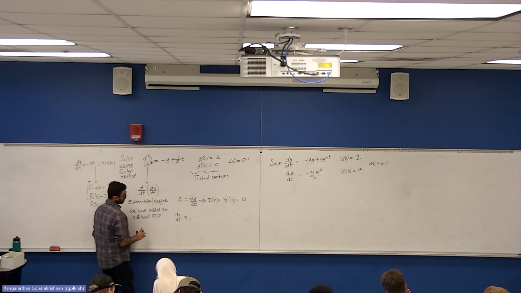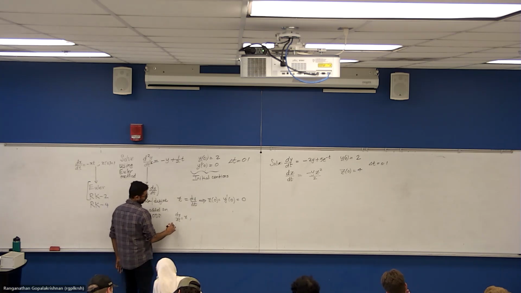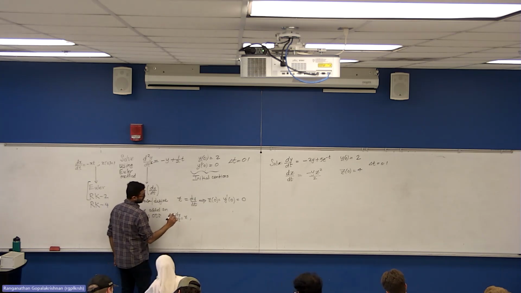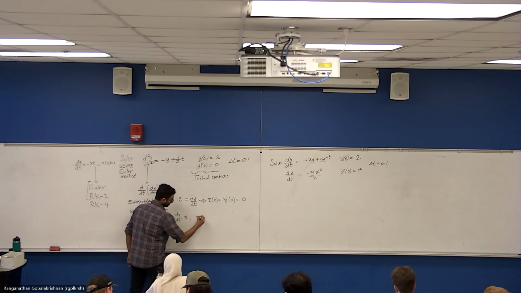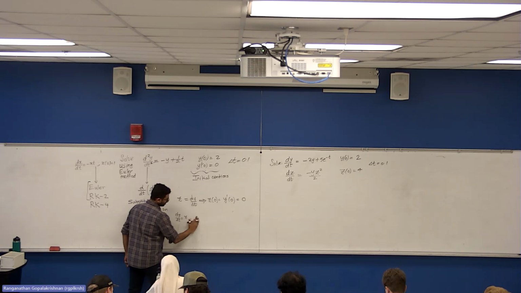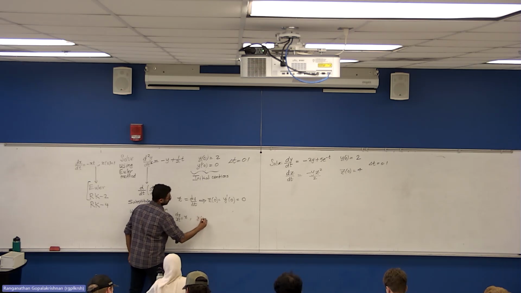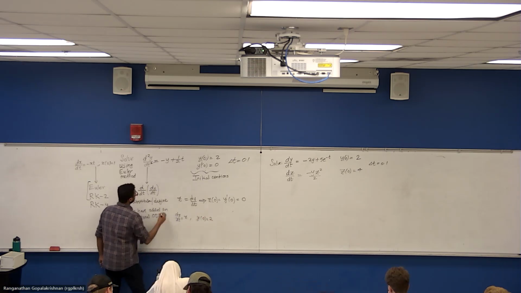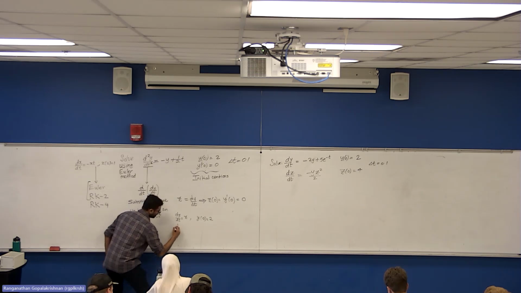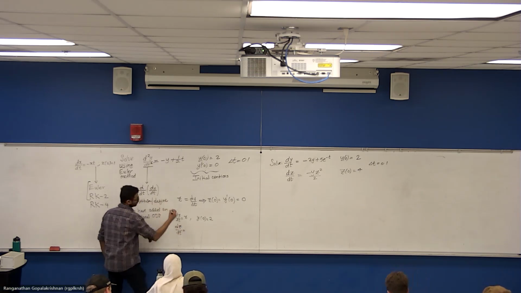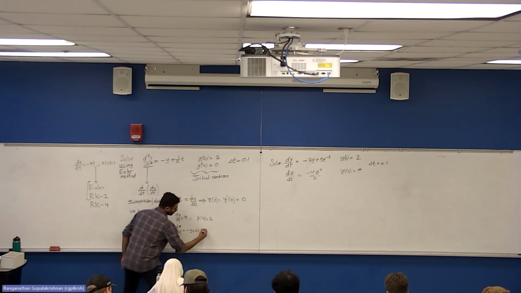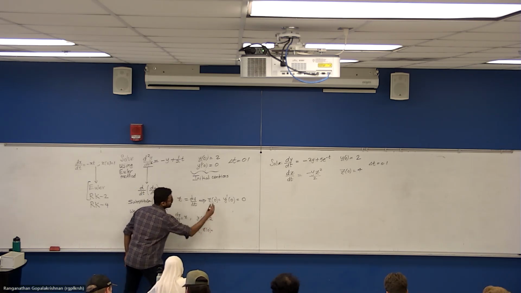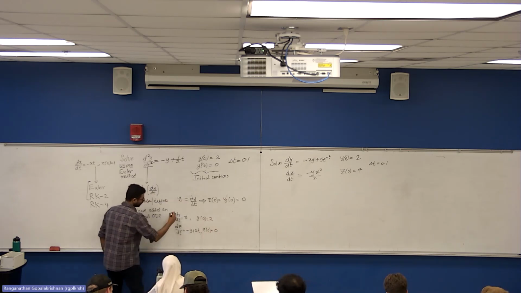Okay, dy over dt equal to z, with the condition that y of 0 equal to 2, and this equation becomes dz over dt equal to minus y plus 2t, and z of 0 is 0. So you have two ODEs.